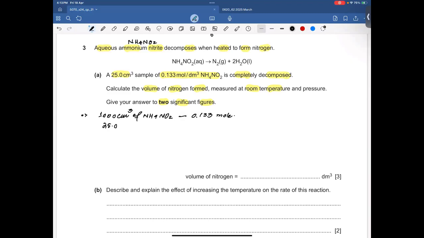So if we have 25.0 cm cube of ammonium nitrite, the moles is going to be 0.133 times 25 divided by 1000. So 3.325 into 10 to the power minus 3 moles.